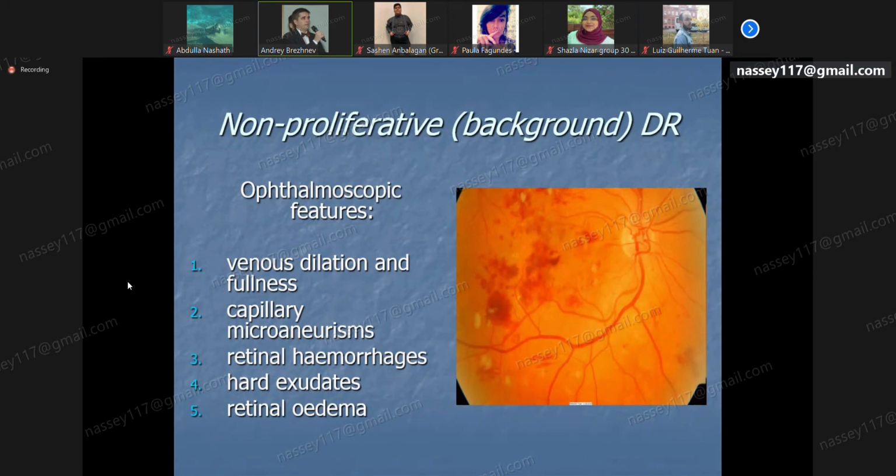They vary in size and usually have a yellow color with sharp borders. Sometimes we can see mild retinal edema. So these are signs of non-proliferative diabetic changes of the retina. Non-proliferative means that there is no proliferative tissue, no neovascularization, meaning development of new blood vessels.